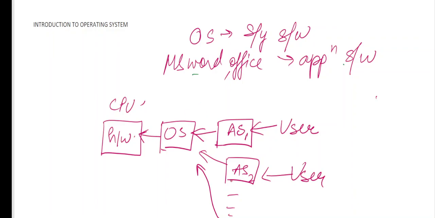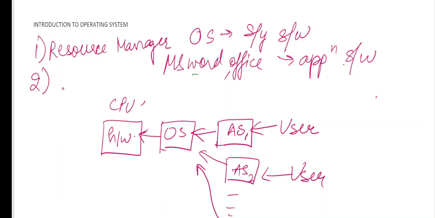So this is how the overall computer works. The operating system is nothing but, first definition, a resource manager. And the second definition is that it provides the connection between application software and hardware. These are the two definitions of an operating system. What is a resource manager?